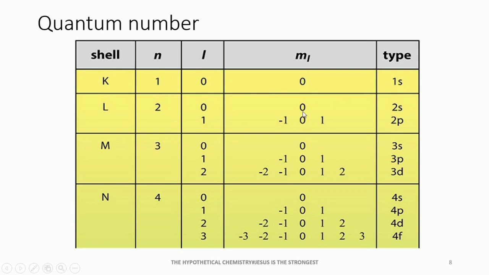But when you come to the second shell, we have 1, 2, 3, 4: 0, another 0, we have -1, we have +1, telling us that we will have 4 orbitals within the second shell.